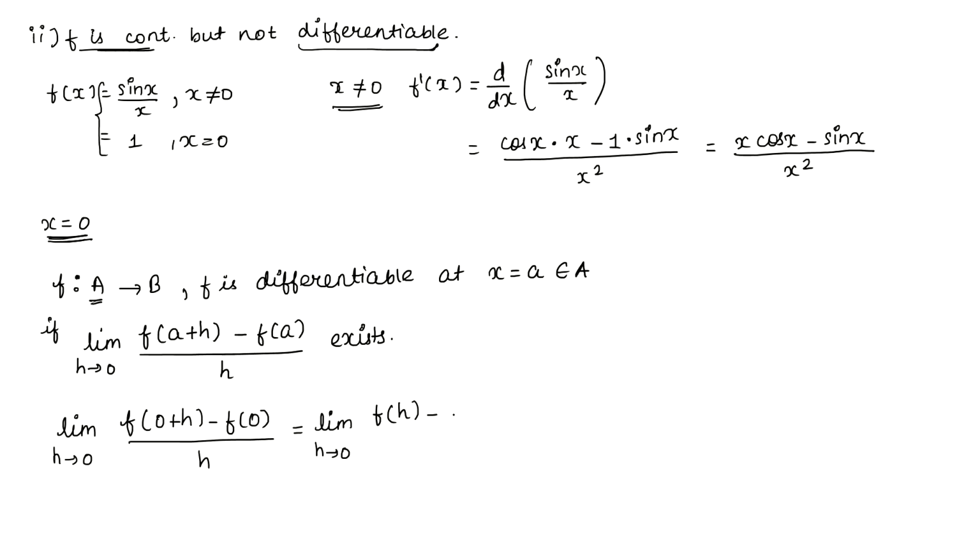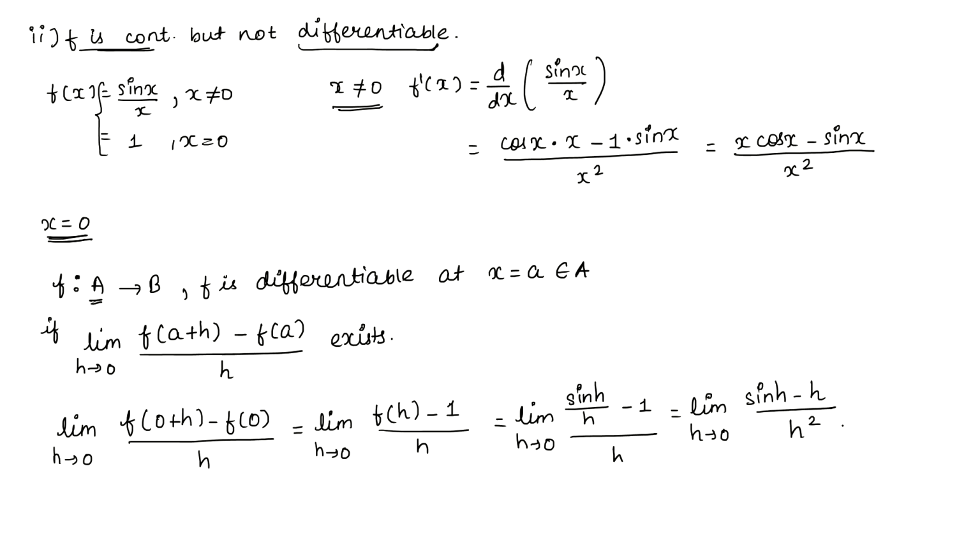F of 0 is equal to 1, we already know, by h, and this is equal to limit h tends to 0, f of h is sin h by h minus 1 by h, and this is equal to limit h tends to 0 sin h minus h by h square. Now on putting h is equal to 0, the function will be in 0 by 0 form, and therefore we have to apply L'Hopital rule.